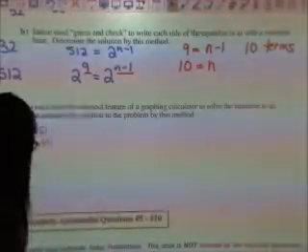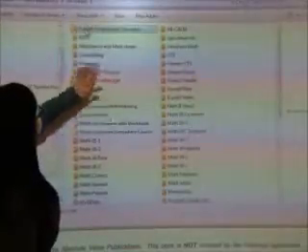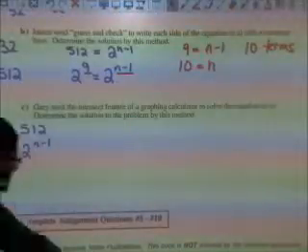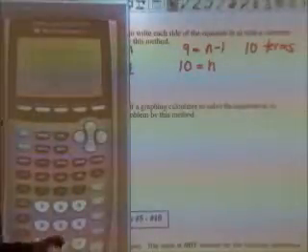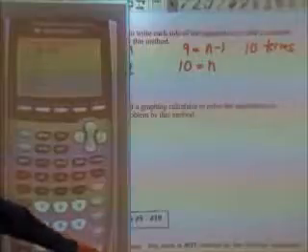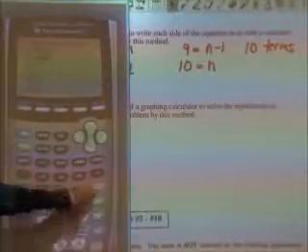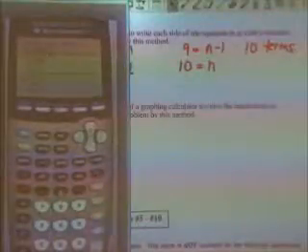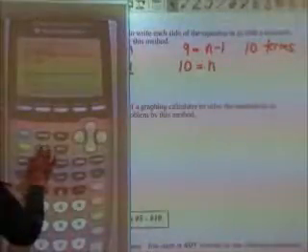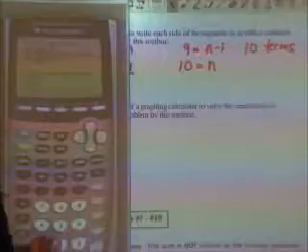So if I was to grab my calculator to do that, y equals 512, and then 2 to the power, and I need brackets. And then I have my x minus 1.